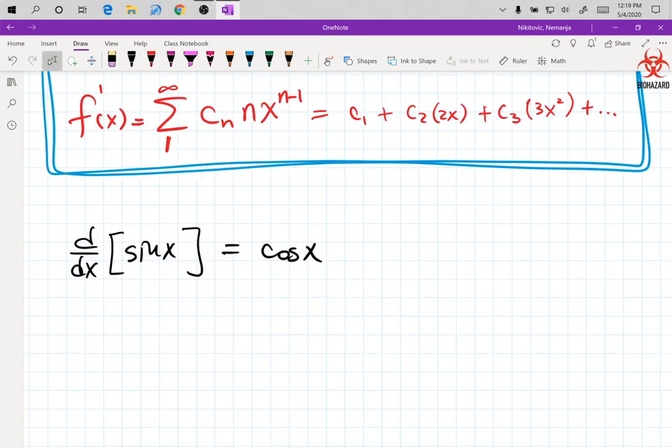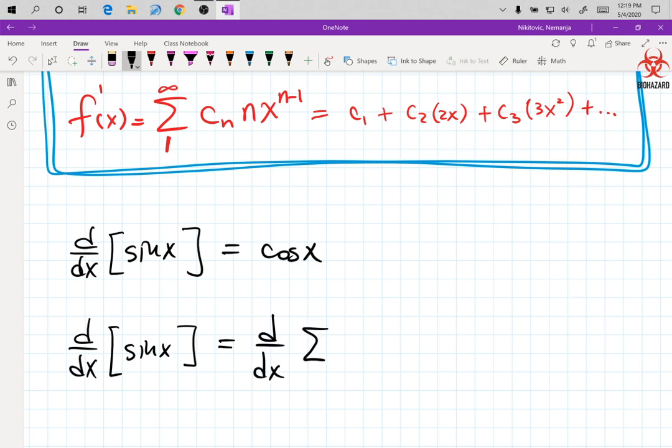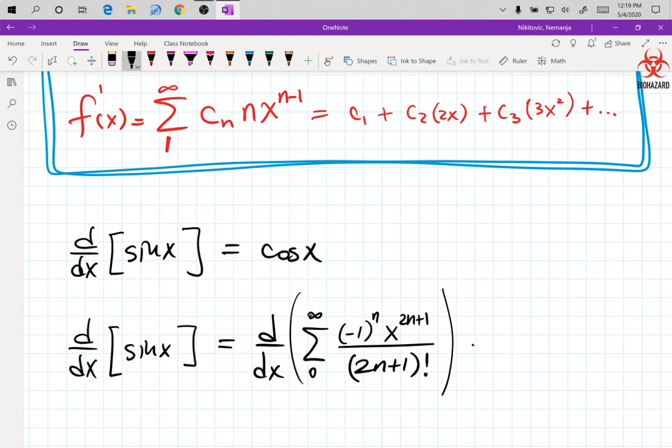Okay. So the derivative of sine x would be the derivative of the power series, sum from 0 to infinity of (-1)^n x^(2n+1) over (2n+1) factorial. So I'm taking the derivative of the power series.